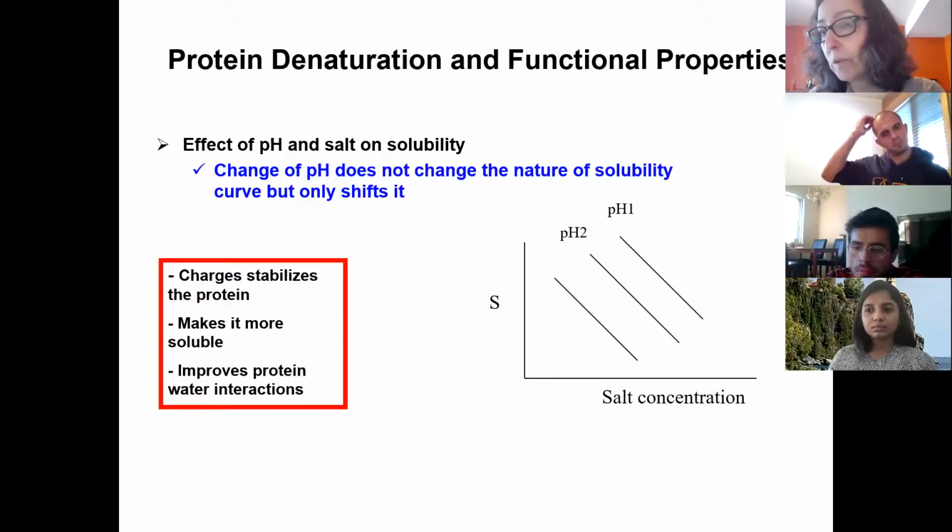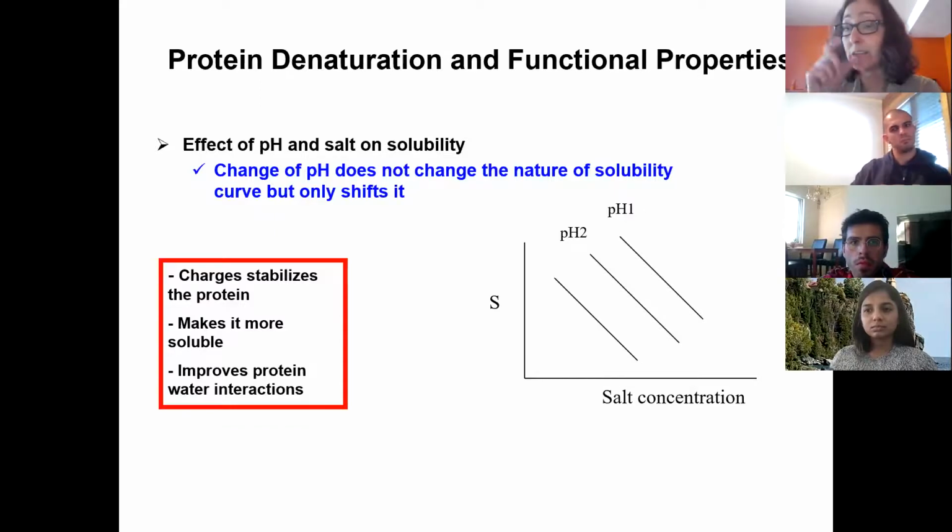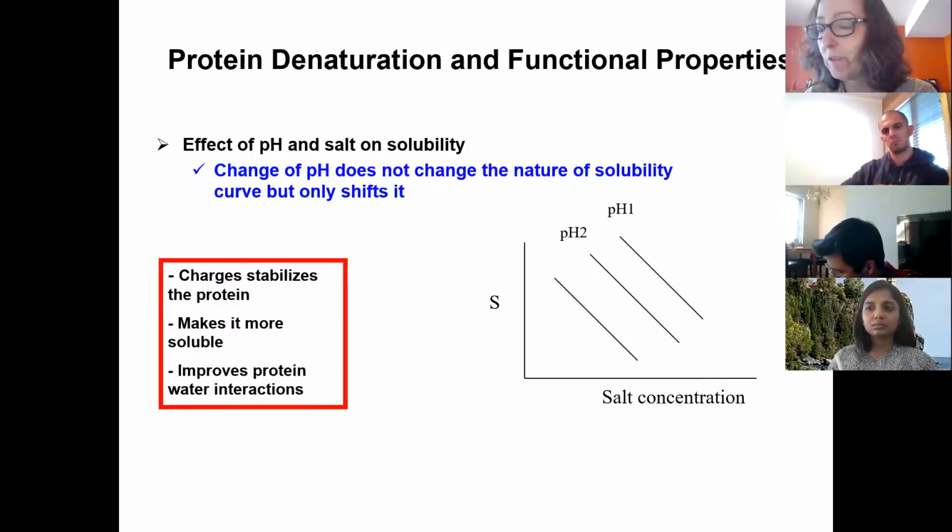So the size is very important. And also if you have a branched chain versus a linear chain can also impact the characteristics of functional properties. So the type of carbohydrate you use is very important in determining how the functionality is going to go.